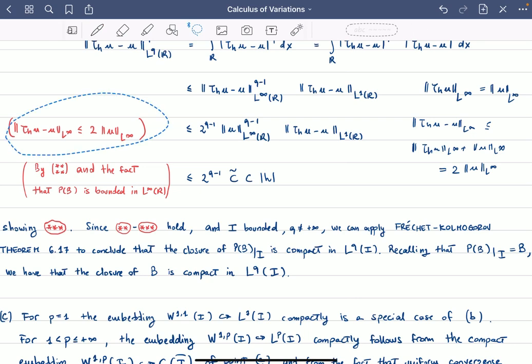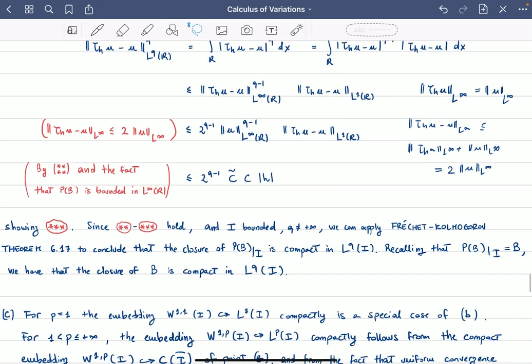So this is to justify this inequality. And obviously 2 to the power of q minus 1, because you had a power of q minus 1 in the term here.